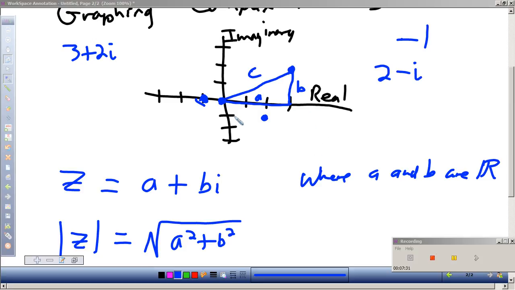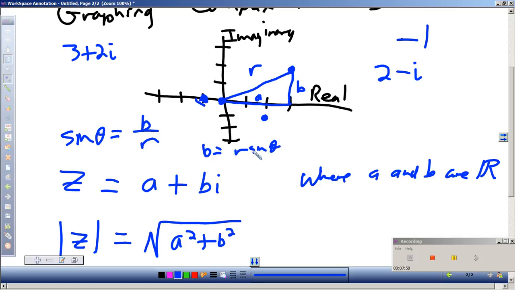Sine and a. So close, very close. Remember, this would be our r, right? The sine is b over r, which means that b is equal to r sine theta. Do we follow that? That's what we've been doing this last while.